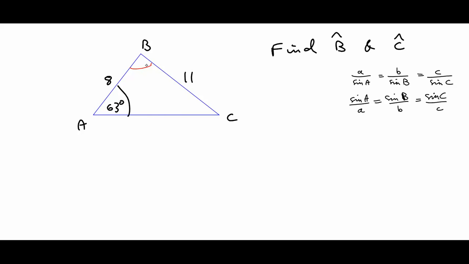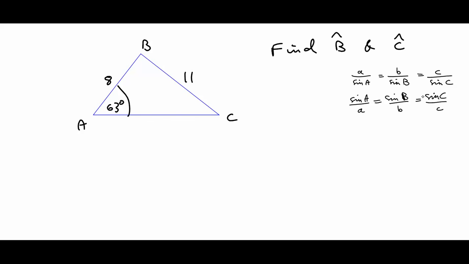To solve a triangle with those values, the two sides and the included angle, we need something called the cosine rule, which we'll do in a later video. But in this case, we have two sides and a side which is opposite to one of the known sides, and we want to find the other two angles, B and C.